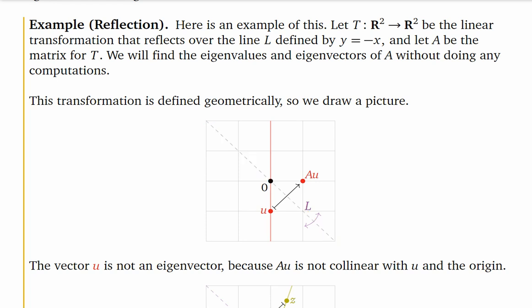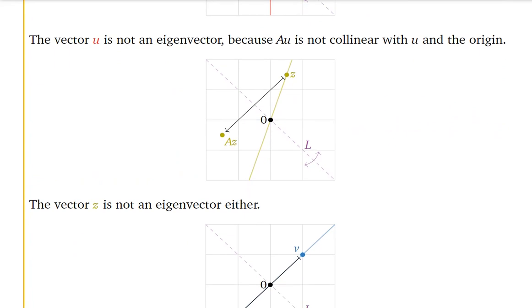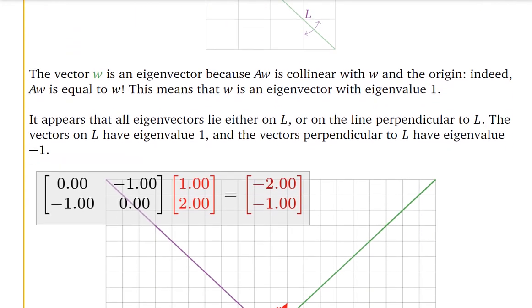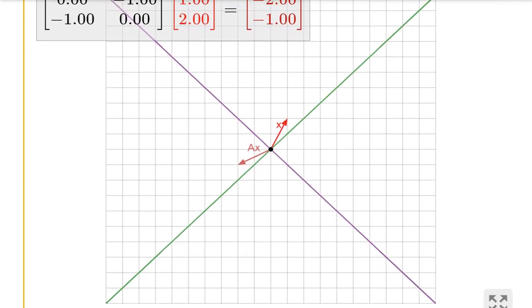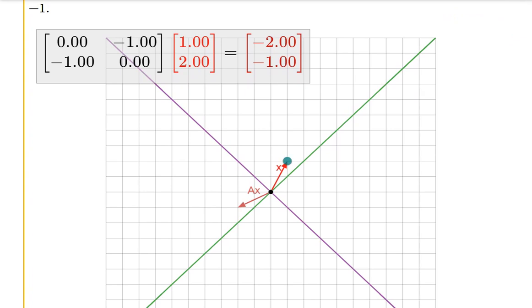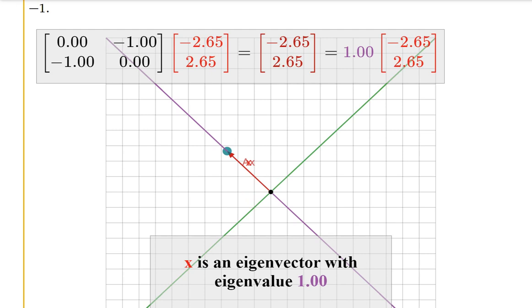And when I'm doing this reflection, we can see the different eigenvalues and eigenvectors geometrically. I like how they do this. They even have a nice interactive chart where we get to move these values around.